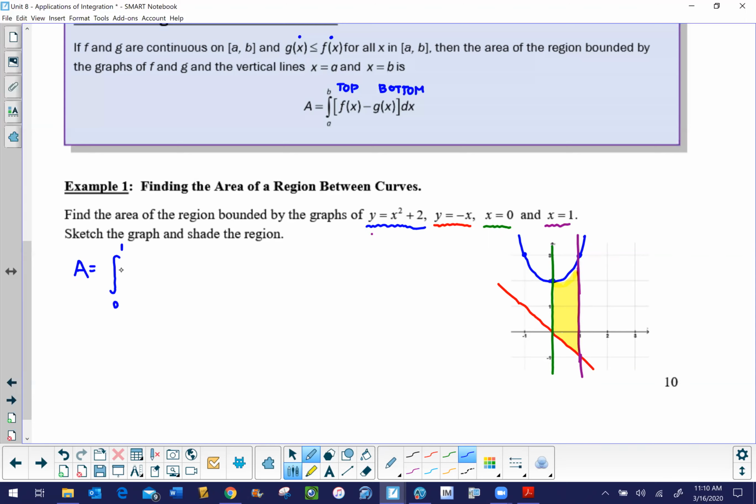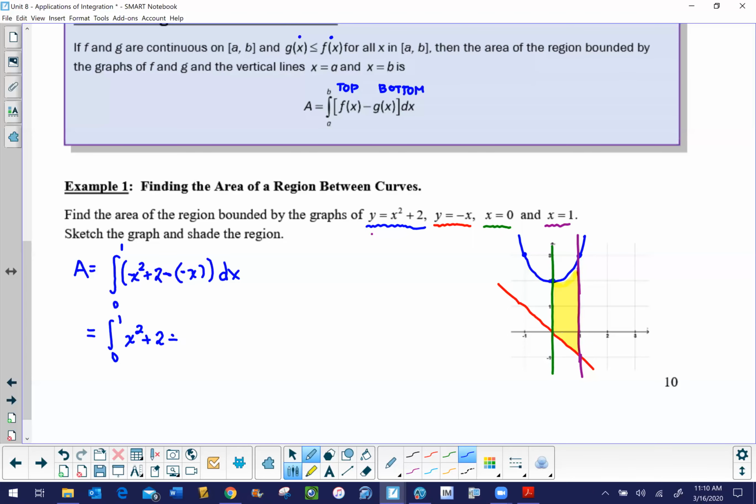And it looks to me like we have our parabola in blue, x squared plus 2, on top. And we need to subtract our line in red, negative x, on the bottom. So like Mr. Rector was writing, x squared plus 2 minus negative x. This is with respect to the x-axis, it's dx. Maybe clean that up, 0 to 1.